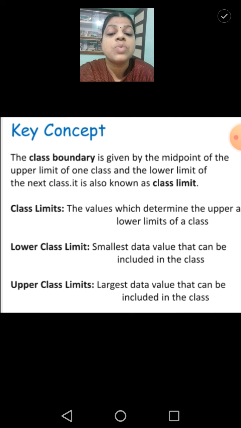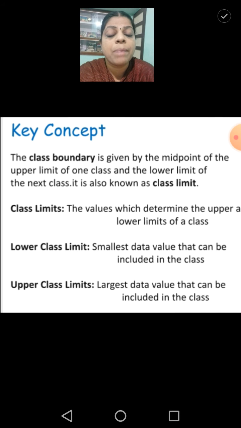That is the smallest data value that can be included in the class. Isn't it? In our example, 41 is the minimum value, so that is the lower limit of that class.